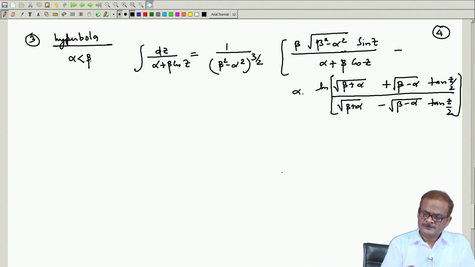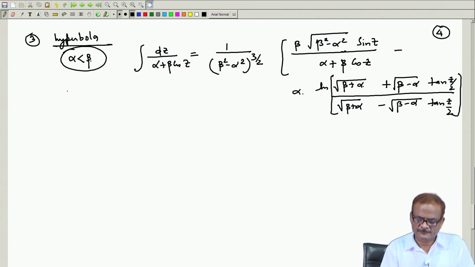Okay. So, these are the three cases of integration depending on how alpha and beta differ from each other.